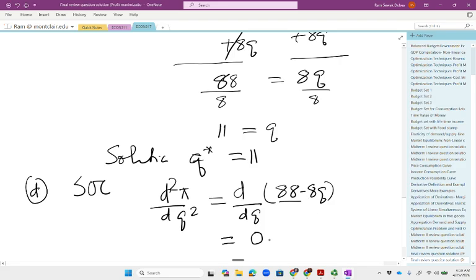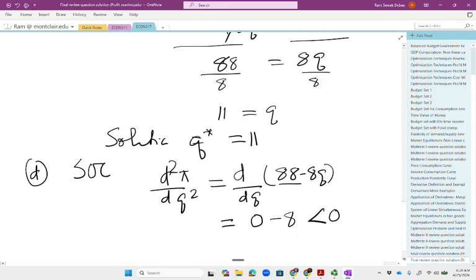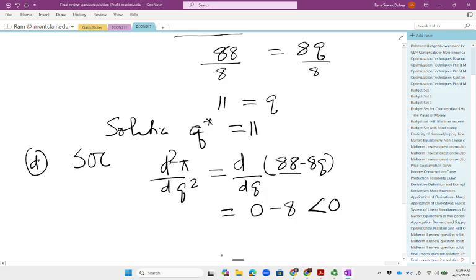The second term is minus 8Q, so the derivative is negative 8. So the second order derivative of the profit function is negative for all values of Q. So whatever solution I obtain from the first order condition must give us a maximum. So profit attains a maximum at Q star equal to 11.